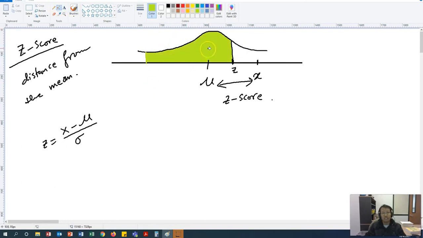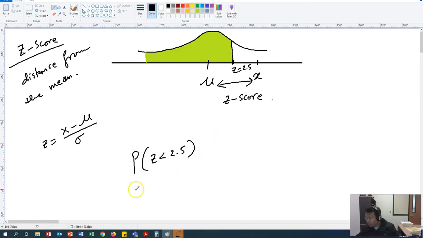What is this green area? If you want to find the probability underneath this z value, how do you do that? We already know that for this point, let's suppose z equals 2.5, just for our consideration. So what is the probability for z less than 2.5?